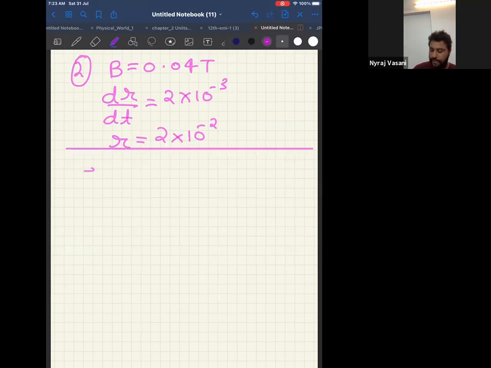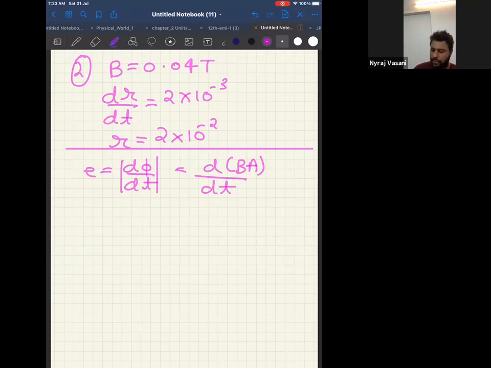Now I know that E is equal to d phi by dt, our basic formula, or can I write it as E is equal to d by dt of phi? Phi can be written as B into A, because this is our basic formula from 11th standard magnetism.